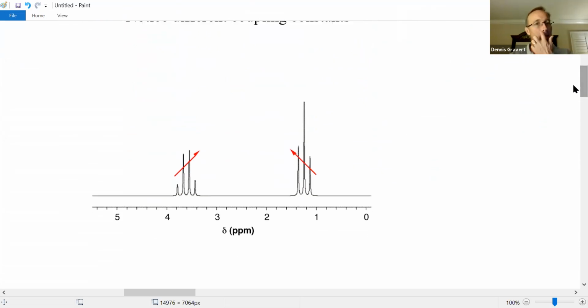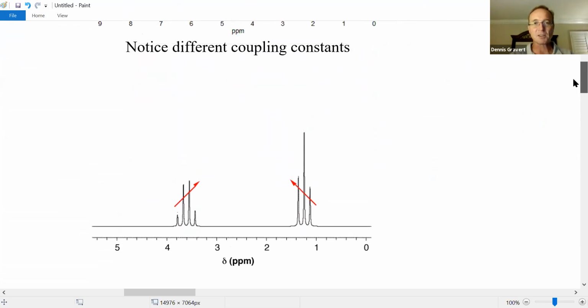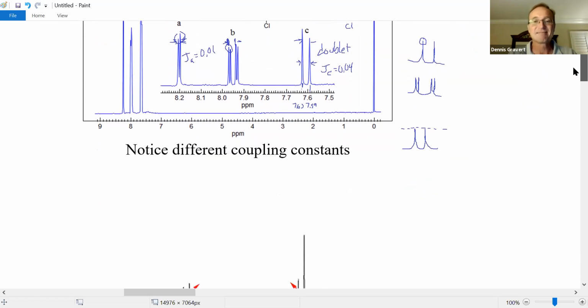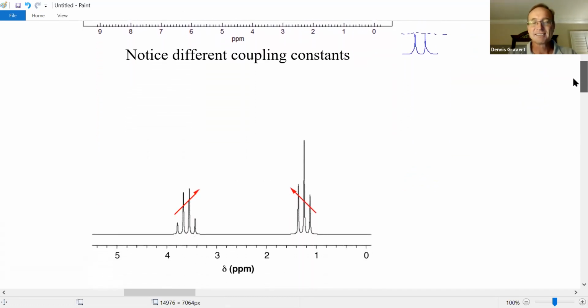Oh yeah. And then here's something else. You might have noticed that theoretically, when we talked about the theory behind splitting, we said, hey, you get a nice doublet. And I drew my peaks so they had the same height. Theoretically, that's supposed to happen. Well, experimentally, the real data, that doesn't always happen.